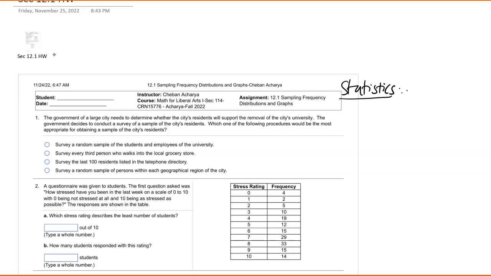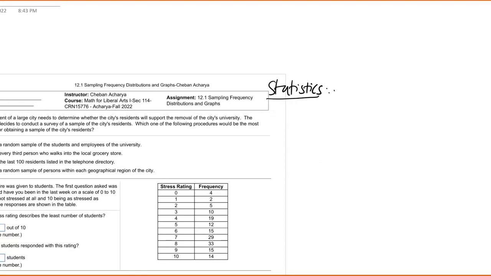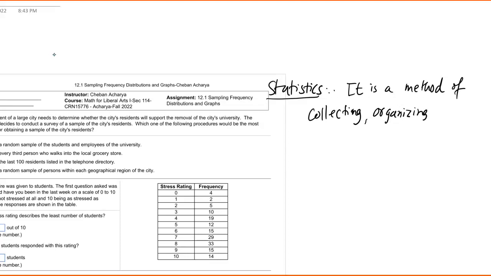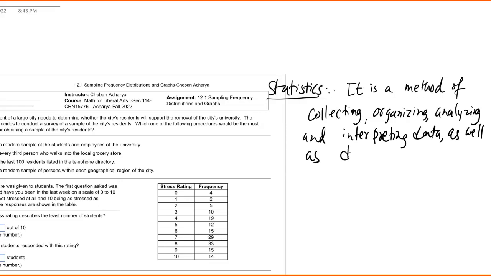What is statistics? It is a method of collecting, organizing, analyzing, and interpreting data, as well as drawing conclusions based on the data, whatever you collect.